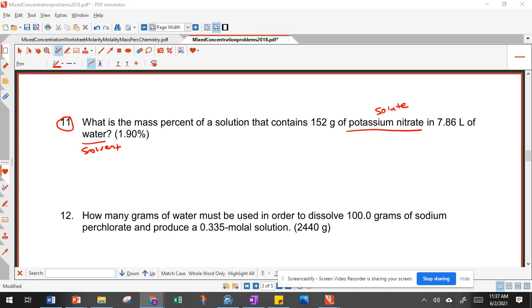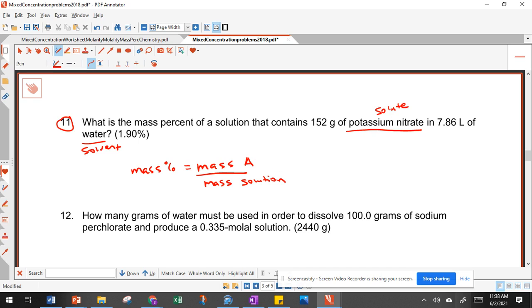So we have our equation, mass percent is equal to mass of A over mass of our solution. Okay, so when it just says what is the mass percent of a solution, you can assume that A is going to be the solute, unless they tell you otherwise.